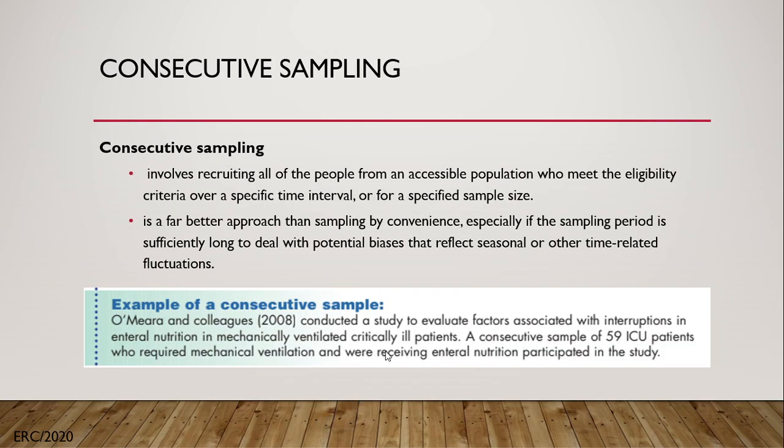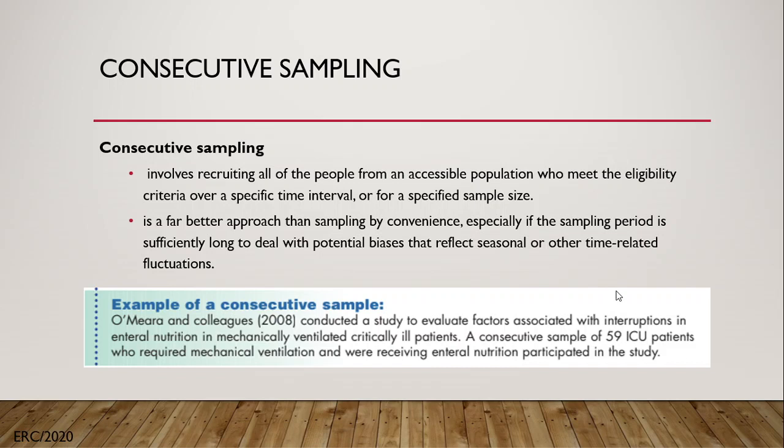Next, consecutive sampling naman, it involves recruiting all of the people from an accessible population who meet the eligibility criteria over a specific time interval or for a specified sample size. Okay?